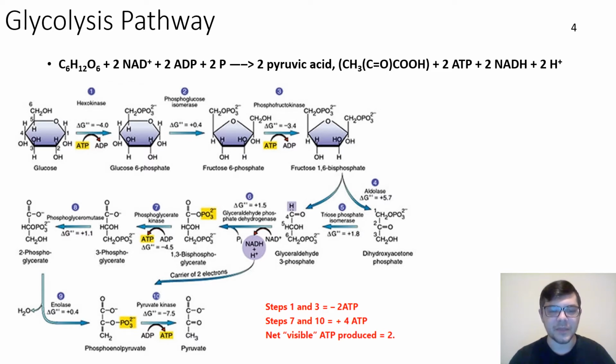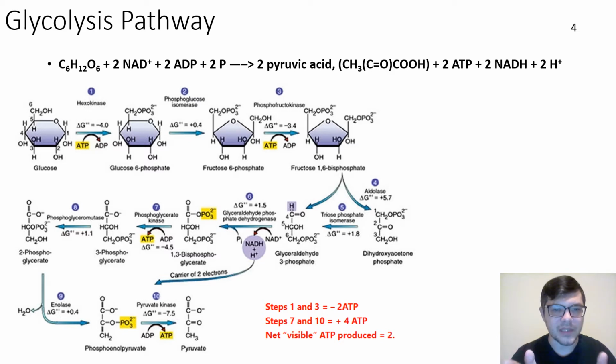And isomerase. Sorry. And from there, you can start moving on eventually to get to step 7, where at this point you're going to actually have two molecules. If you remember, glycolysis breaks apart glucose into two pyruvates, and before you get to pyruvate, it's broken into two molecules.